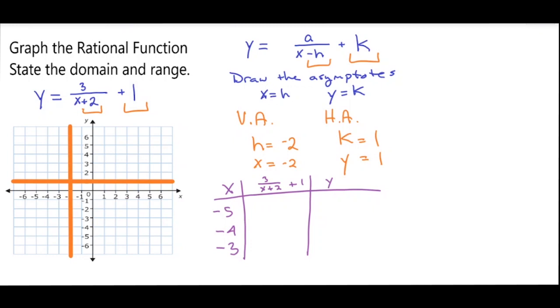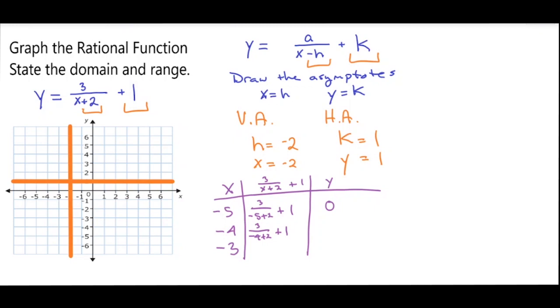All right, so this will be 3 over negative 5 plus 2, plus 1. Well, negative 5 plus 2 is negative 3. 3 divided by negative 3 is negative 1. Plus 1 is 0. Now we'll plug in negative 4, so 3 over negative 4 plus 2, plus 1.